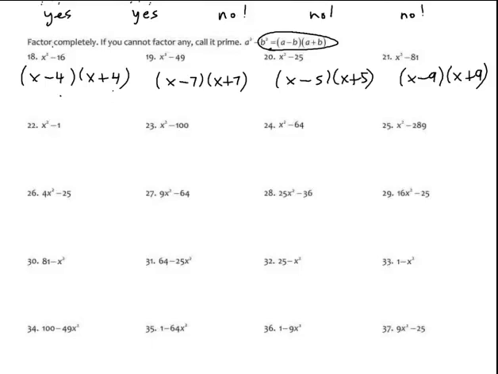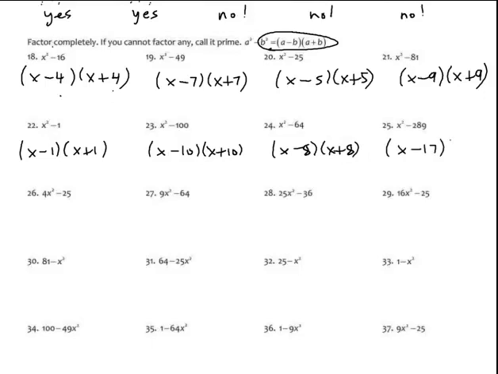X minus 1, x plus 1. X minus 10, x plus 10. X minus 8, x plus 8. X minus 17, use your square root button, x plus 17.